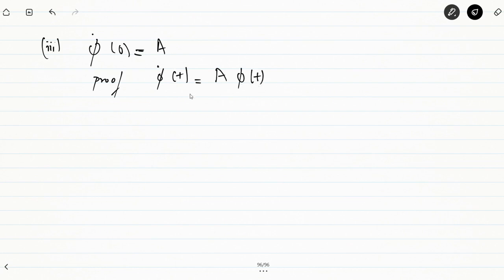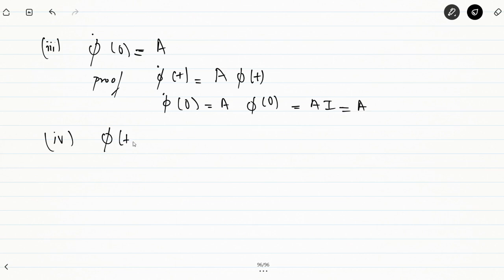So once substituting t equal to 0, that means phi dot of 0 is equal to a into phi 0. Phi 0 we know is equal to I, so a into I is the matrix A only. So this is your fourth property. Differential of phi t at time t equal to 0 is equal to a.